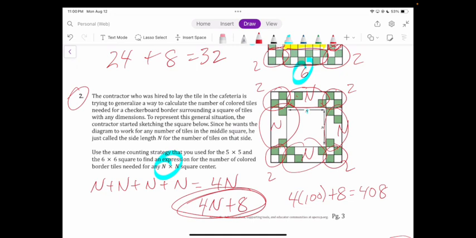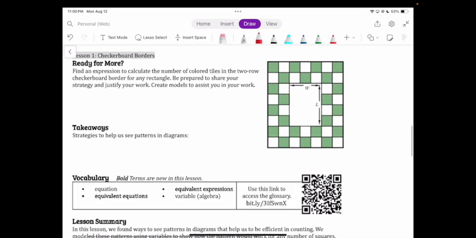Now, just in case you went on in your class to the Ready for More section, let's see how this would work. Again, whatever the width is, that's how many tiles you're going to have up here. Whatever the length is, that's how many tiles you're going to have up here.